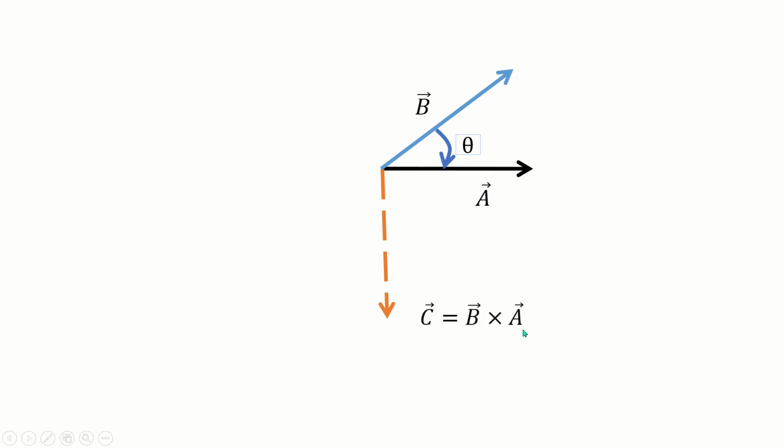That means C equals B cross A, and before that it was A cross B. So here B cross A vector equals minus the product of their magnitudes times the sine of their included angle times their direction. So A vector cross B vector is not equal to B vector cross A vector. Clear?